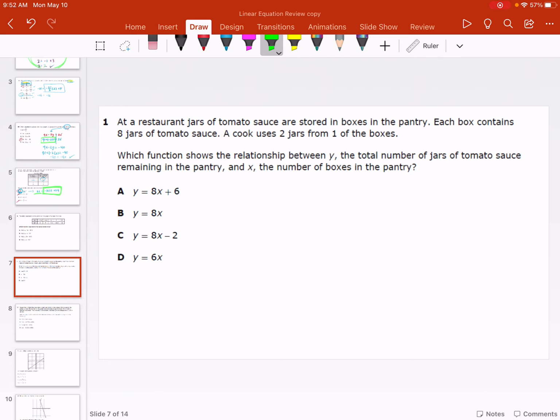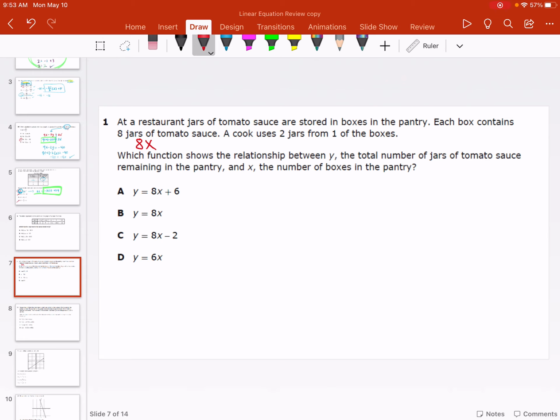And question number 7 is setting up the equation. So let's read it together. At a restaurant, jars of tomato sauce are stored in boxes in the pantry. Each box contains 8 jars of tomato sauce. So each one has 8 tomato sauce, so it's going to be 8x. And the cook uses what? 2 jars from one box.